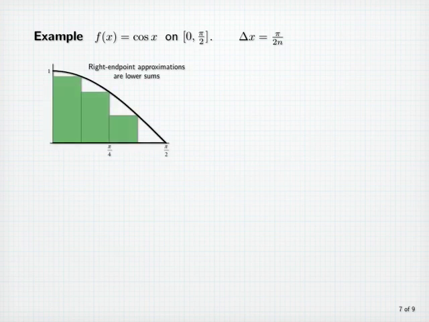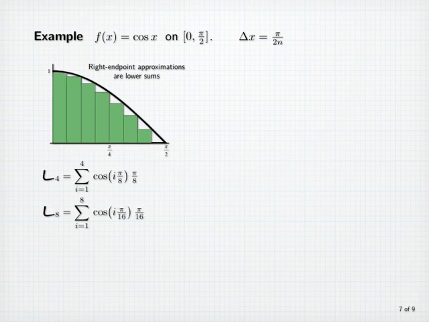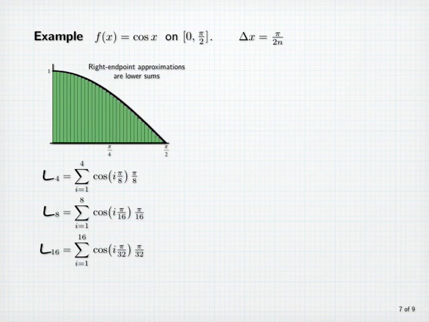In fact, L4 will be the sum as i goes from 1 to 4 of cosine of i times pi over 8, times pi over 8. L sub 8 is the sum as i goes from 1 to 8 of cosine of i times pi over 16, times pi over 16. L16 is a similar sum as i goes from 1 to 16. And L32 is a similar sum as i goes from 1 to 32.